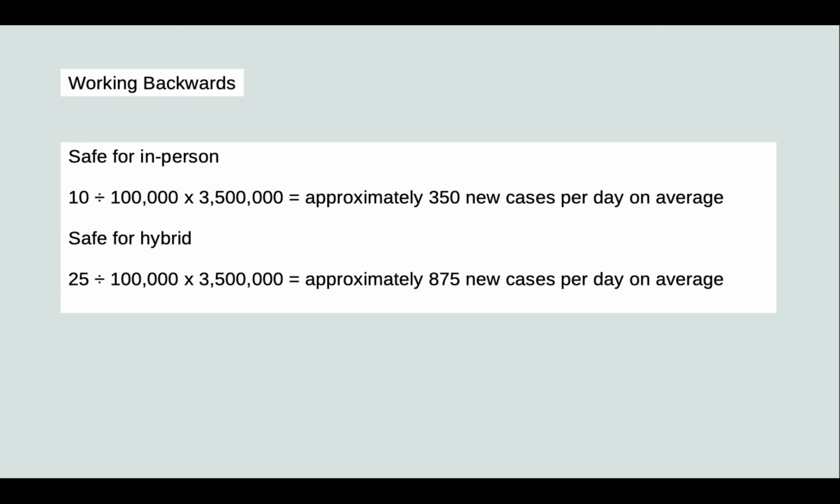So doing the math, we get that the cutoff of 10 in Connecticut corresponds to about 350 new cases per day. And the 25 cutoff, which is the top of the range of 10 to 25, is for about 875 new cases per day, again on average. These numbers are interesting and meaningful.